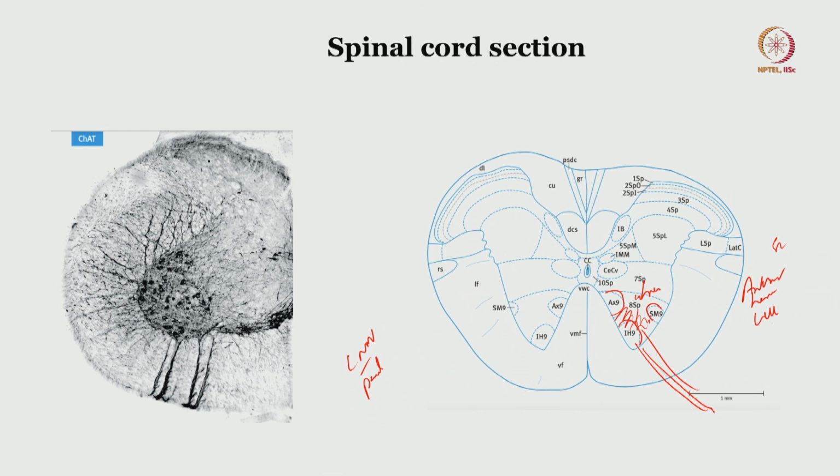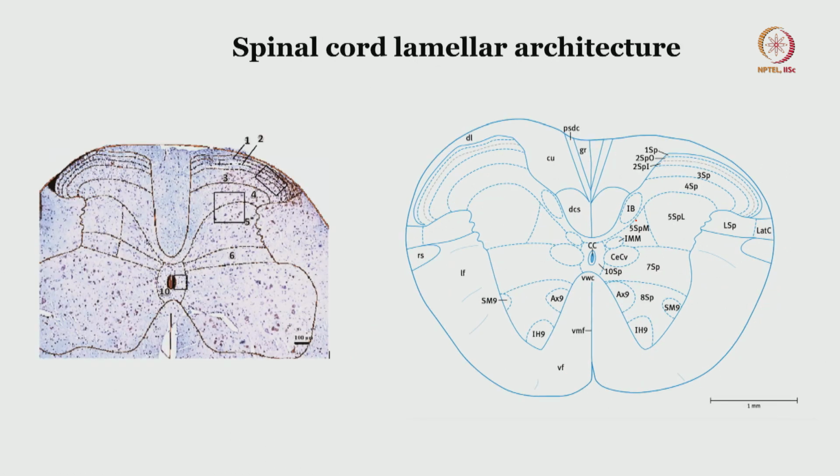And what is outside the H is the white matter zone, where you have fiber bundles. These are dorsal funiculi, which will carry the touch sensation, will carry the vibration sensation. On the lateral side you have the lateral spinothalamic tract, which will carry the pain sensation. So, outside this H are the multiple white fiber bundles, inside the H is the grey matter, where in the dorsal horn you have this laminar architecture.